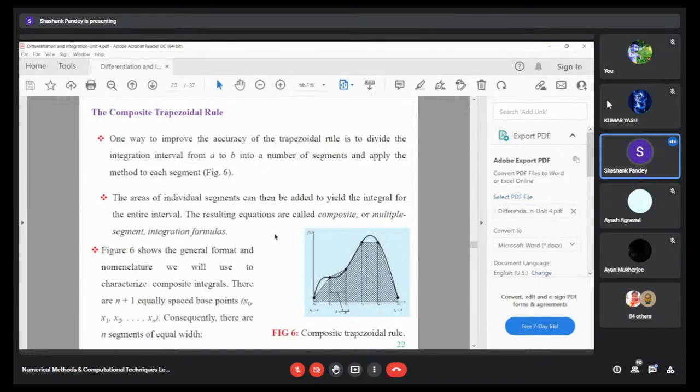That is, if I1 is the estimate for the interval x0 to x1, I2, I3, I4, and up to IN, we can add up all these values and get the value of the integral using the composite trapezoidal rule.